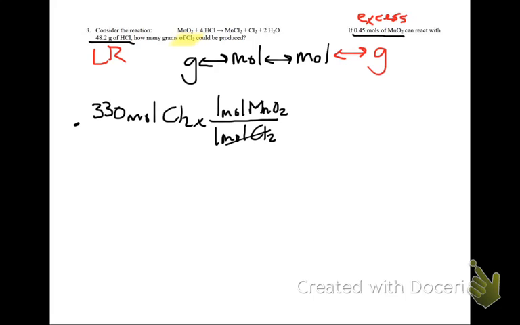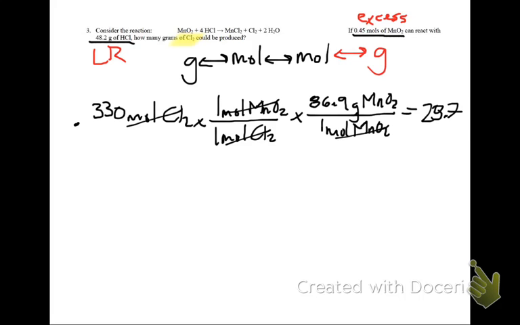Got that from the balanced equation. And once more, manganese dioxide is 86.9 grams for every 1 mole. And let's label our units. Cancel, cancel. So we would be required to have 28.7 grams of manganese dioxide.